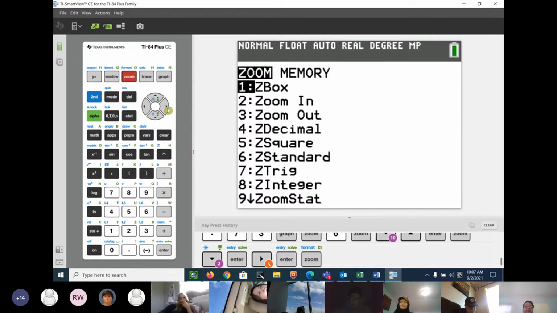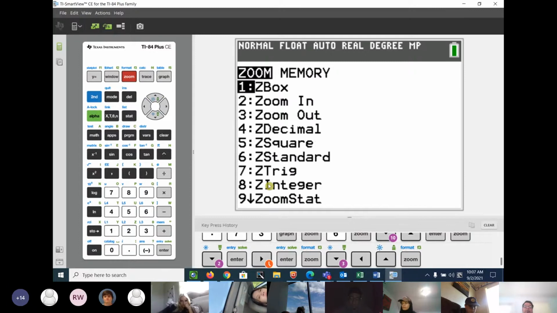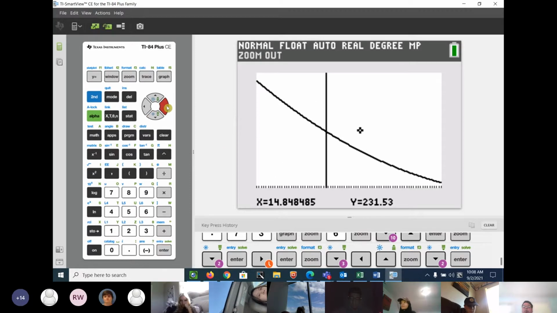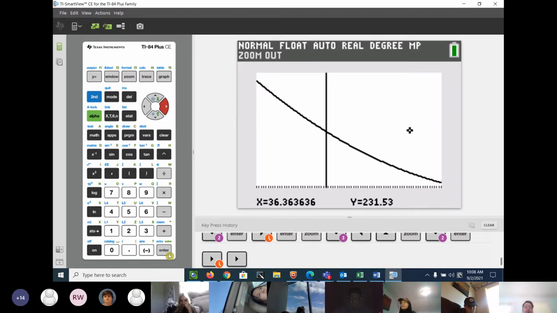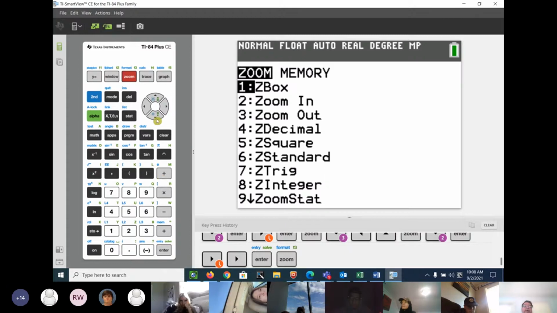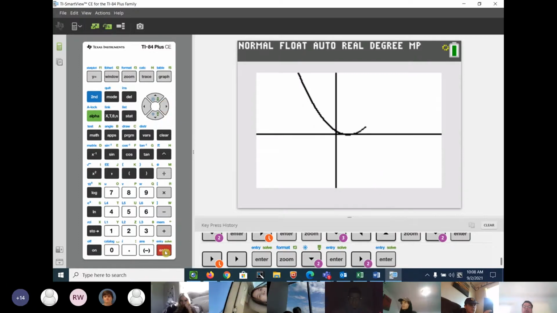Zoom out. I'm sorry. When you're working a calculator with a mouse, it sucks. And you should be able to see it now. And there it is. Now, if you want to play with it some more, then zoom out one more time and put it right about there, and there you go.